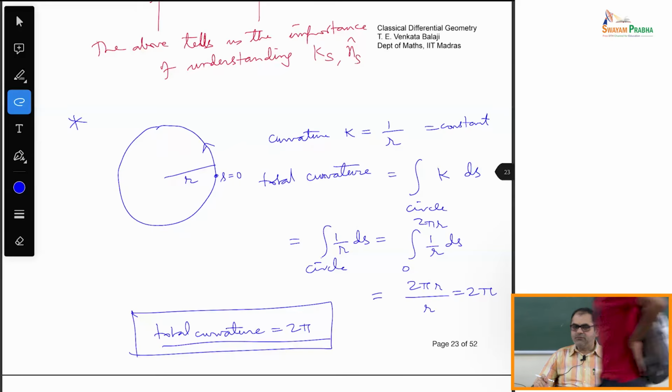You go around once. If you take the signed curvature, depending on the way you are going around, anti-clockwise or clockwise, you will always get only plus 2 pi or minus 2 pi. That is Hopf's Umlaufsatz. It seems like such a silly result, it should be obvious.